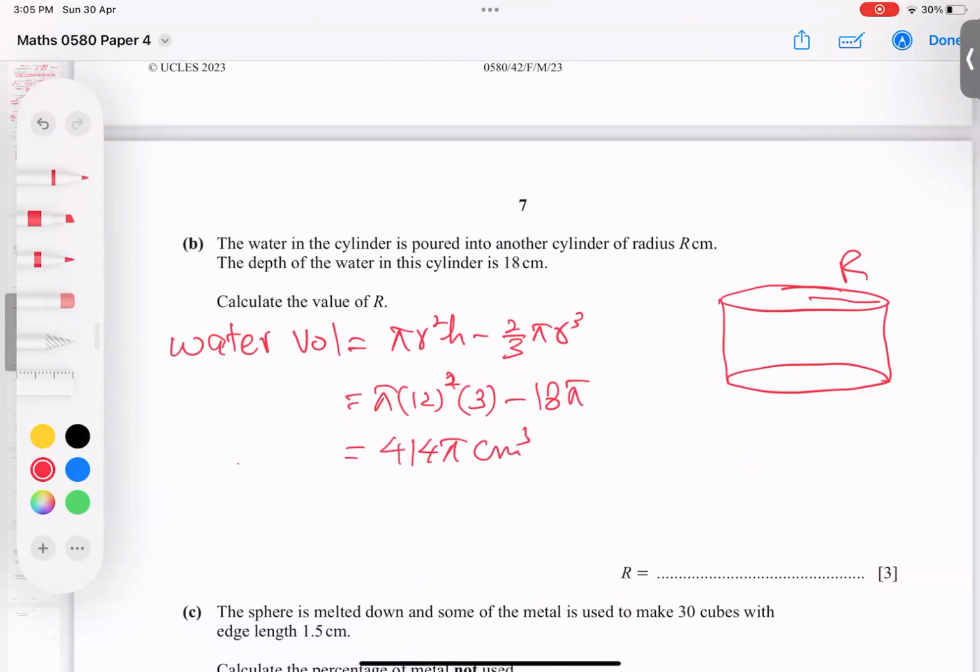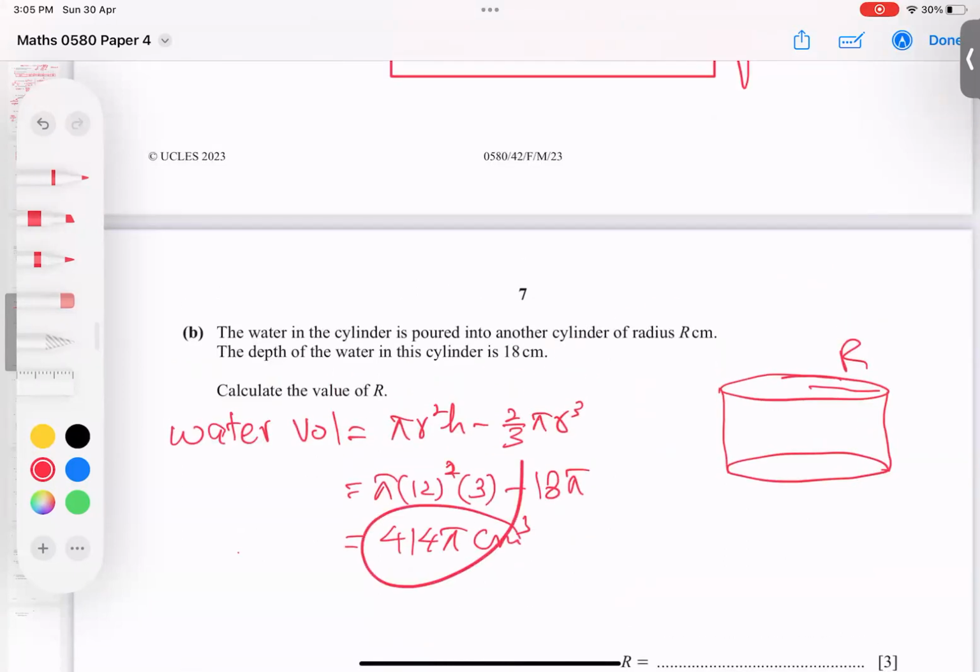Now he's saying that this water volume is poured into another cylinder, right? The depth of the water in the cylinder is 18. It means the water reaches this much height.